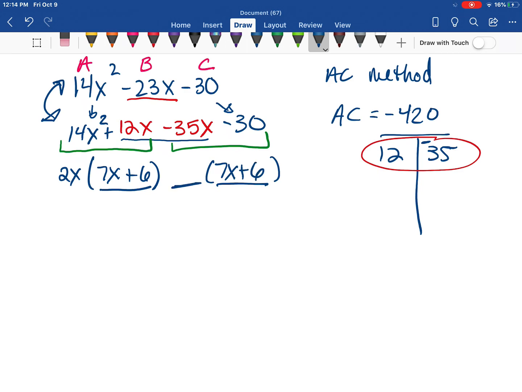So I'm going to write 7x plus 6 here, and I'm going to figure out what goes in front of the 7x plus 6 so that I get the last two terms, negative 35x minus 30. Well, that would have to be a minus 5, and you can check it. If I take negative 5 times 7x, that gives me a negative 35, and I take negative 5 times a positive 6, I get a negative 30, so that works.